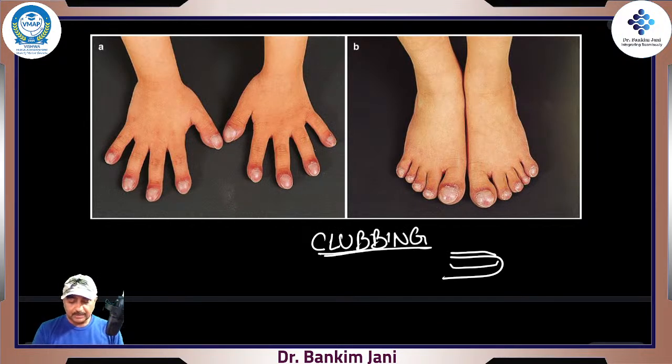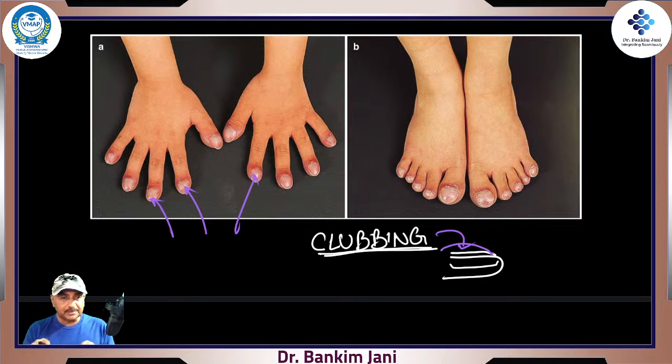In clubbing, this nail bed goes like this. This is clubbing. So see, over here, over here, right? That's clubbing. Clubbing in fingers and toes, and you'll find cyanosis in lips and fingers.